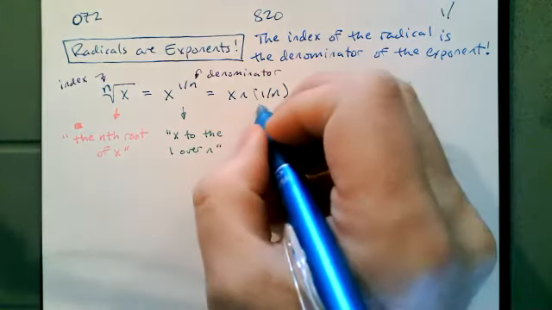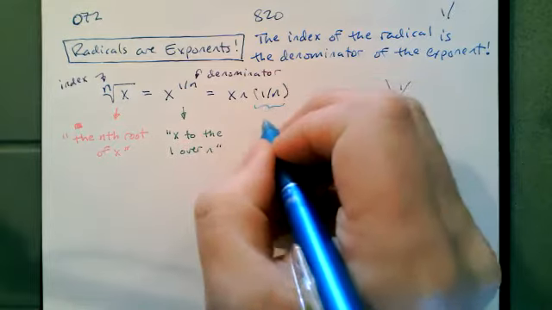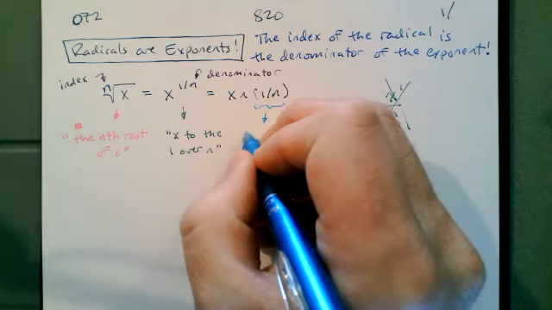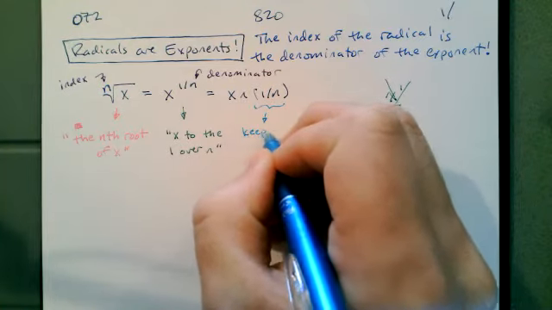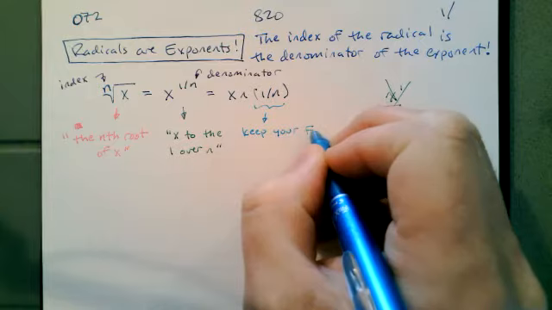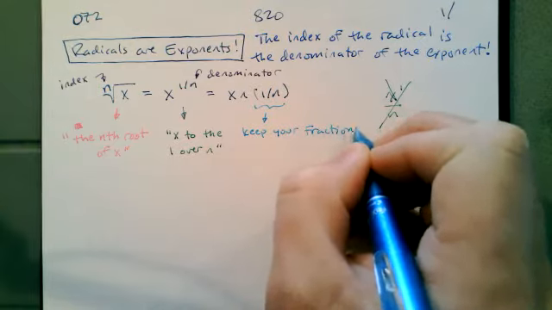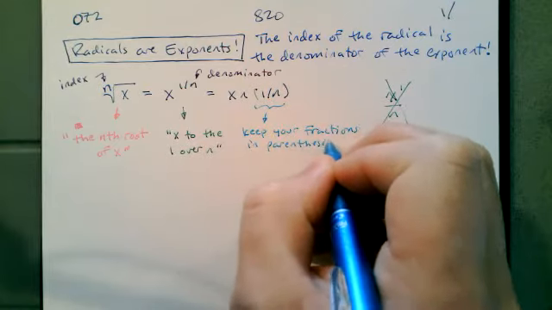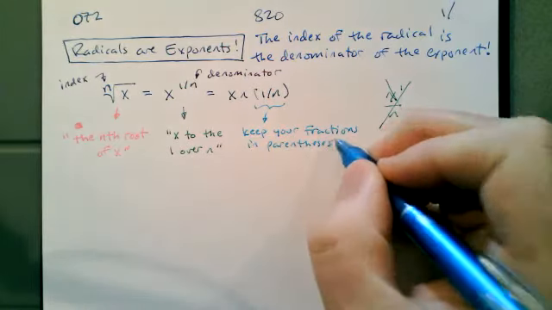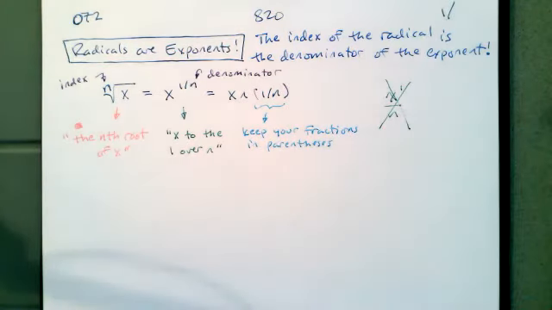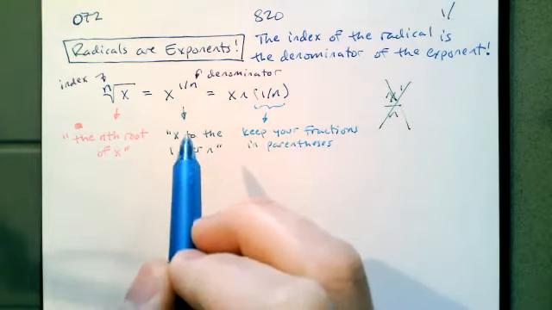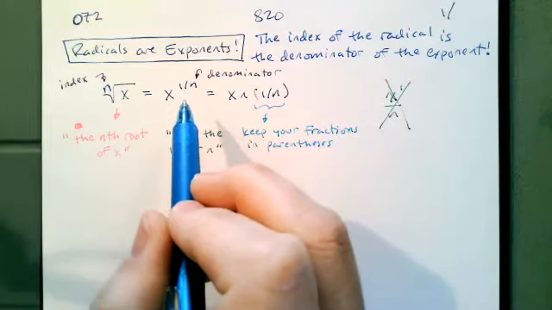And I did point out that you should keep your fractions in parentheses. It helps with the written communication. We don't put parentheses around the 1 over n when we're writing it as a superscript, because the superscript is acting as a grouping symbol.